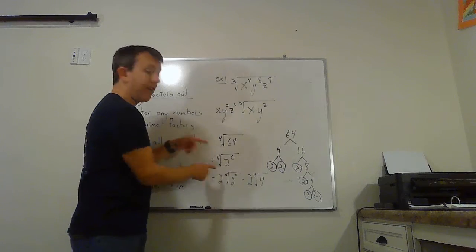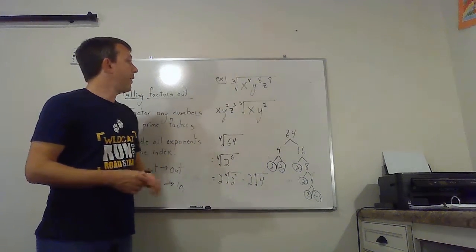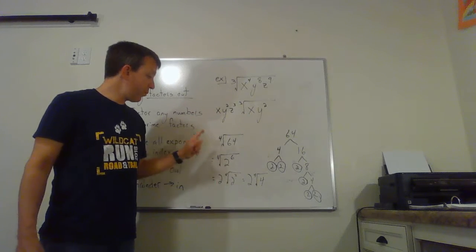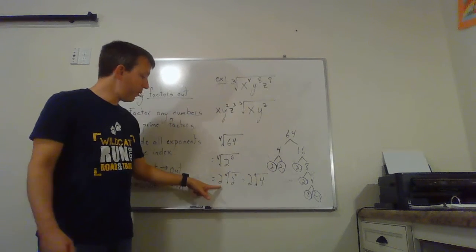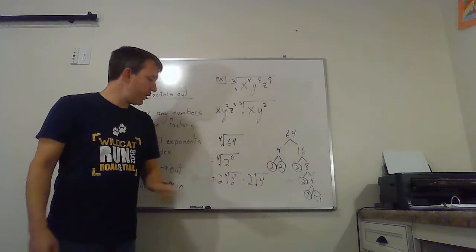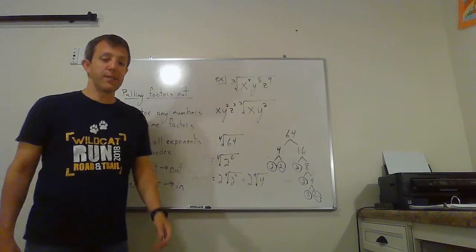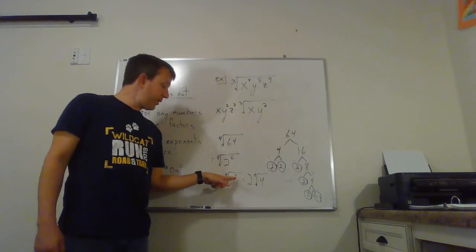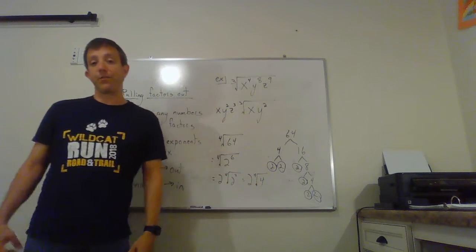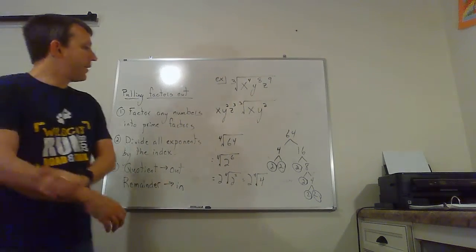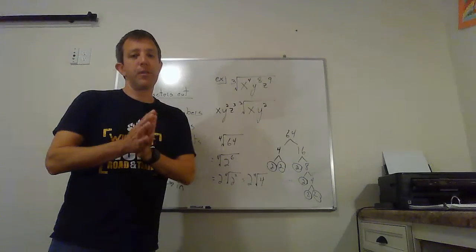Well, once I get it here, I can do the same thing that I did up above with the letters. 4 goes into 6 once, so I pulled out 1, 2. 4 goes into 6 once with 2 left over, so I left 2 2's on the inside. And then just because I don't like the way it's written, I'm going to do the 2 squared and turn it back into a 4. So there we go. All right, and I'm going to do one more example real fast on the next board.